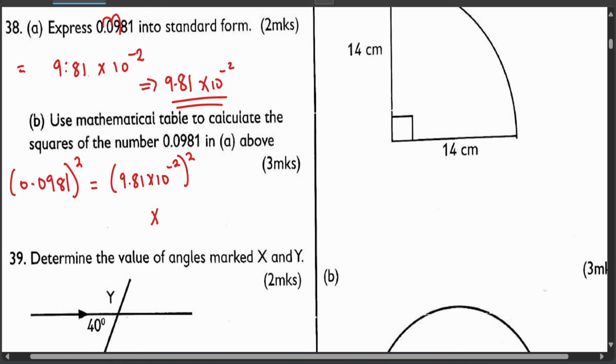If you take 10 power -2 and power it by 2, it becomes 10 power -4. For the rule of indices, you have been told that a power b, and if there's another power you just multiply those powers. So there was -2 inside and 2 outside, so you multiply the powers to get one final power. And then we find the square of 9.81.